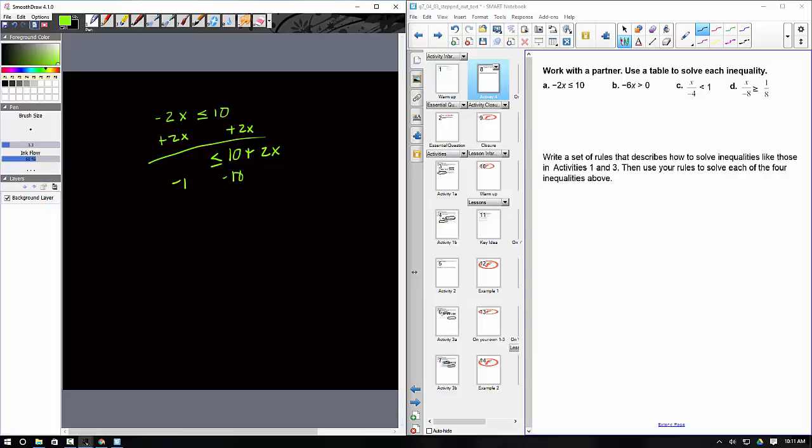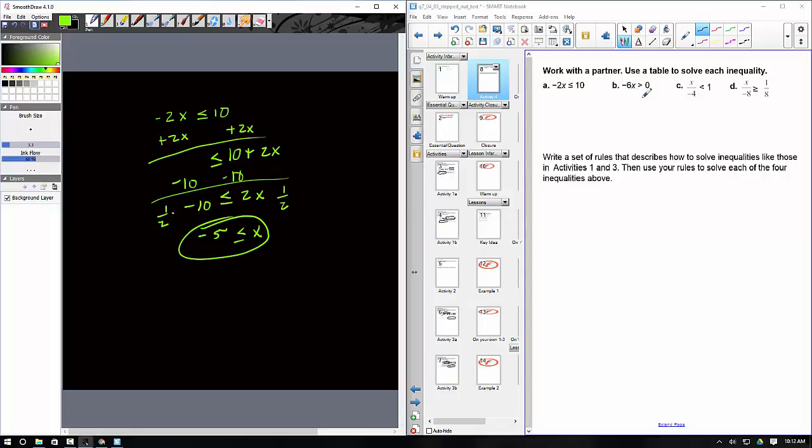And minus 10 on this side. And I'll have 2x is greater than or equal to negative 10. So then I'll do my multiplicative inverse, and I'll have x is greater than or equal to negative 5. And so that's the first one.